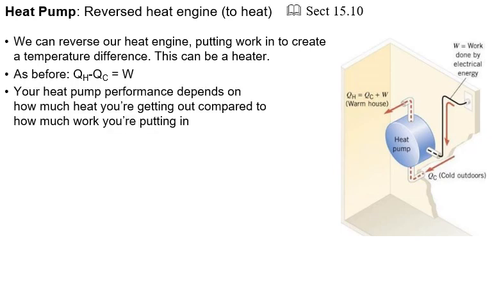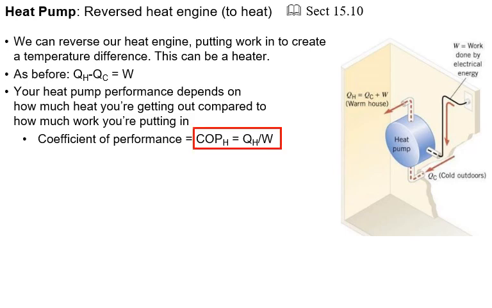So again, we can define a coefficient of performance for your heat pump. In this case, it's how much heat you are getting out compared to how much work you're putting in. So the coefficient of performance is this heat flow from the engine into your house, divided by the work. How much electrical energy are you consuming in your engine? That's your coefficient of performance.